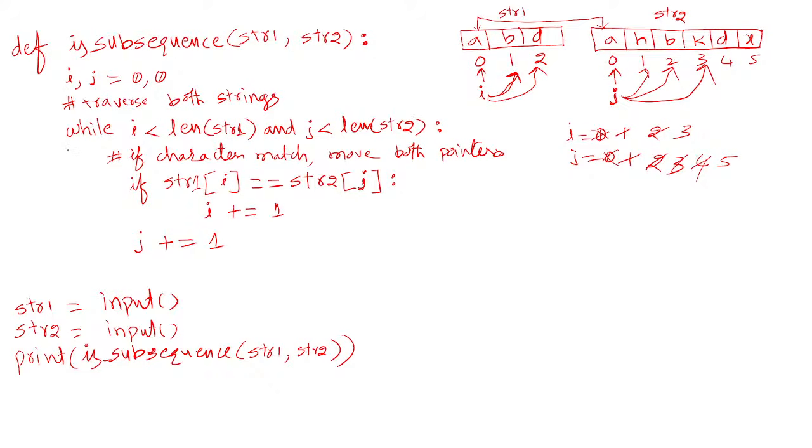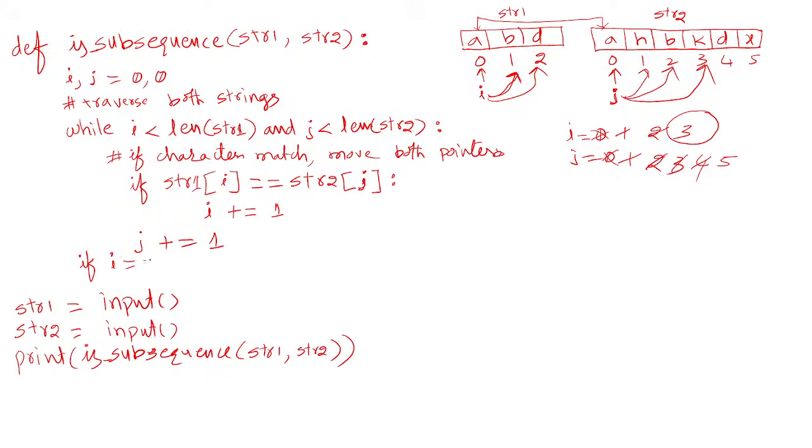After coming out of the loop, exactly here I am writing: what is the i value? Your i value is 3 here, which is equal to the length of string 1. That is what you need to check.